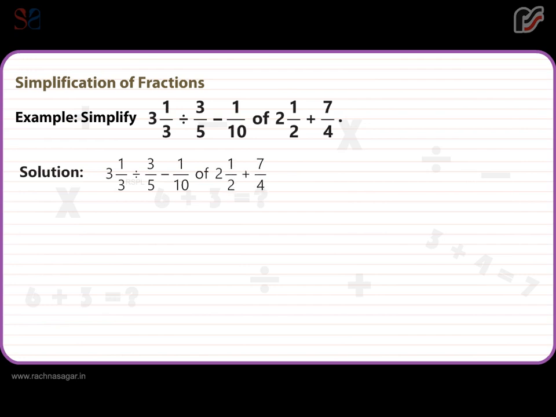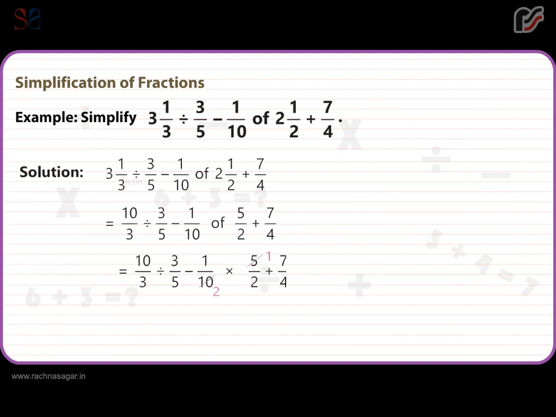1 1/3 divided by 3/5 minus 1/10 of 1/2 plus 7/4 is equal to 10/3 divided by 3/5 minus 1/10 of 5/2 plus 7/4, which is equal to 10/3 divided by 3/5 minus 1/10 multiplied by 5/2 plus 7/4.